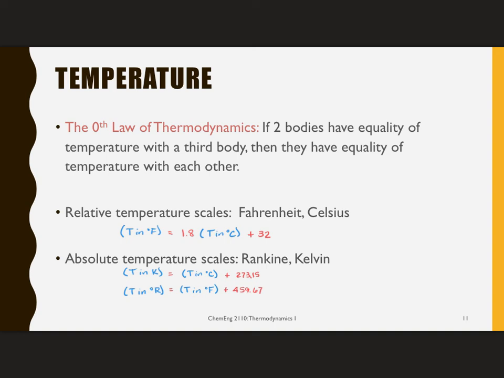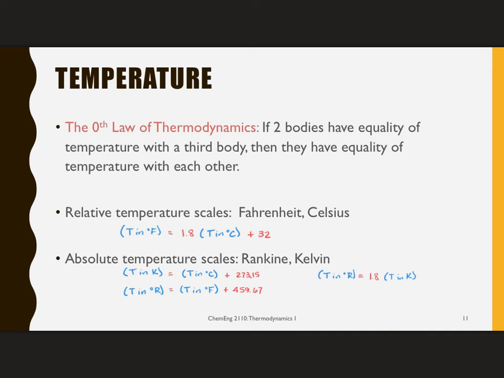And in American engineering, I'm going to take a temperature in degrees F and add 459.67 to get a temperature in degrees R. Notice there's not a degree symbol with Kelvin. That is just math grammar for this. Occasionally, I'm going to want to do conversions between degrees Rankine and Kelvin, and that's not a problem. Take temperature in Kelvin and multiply by 1.8 to get temperature in degrees R.